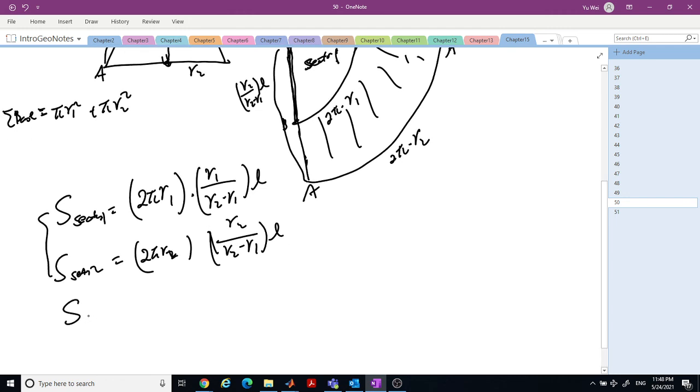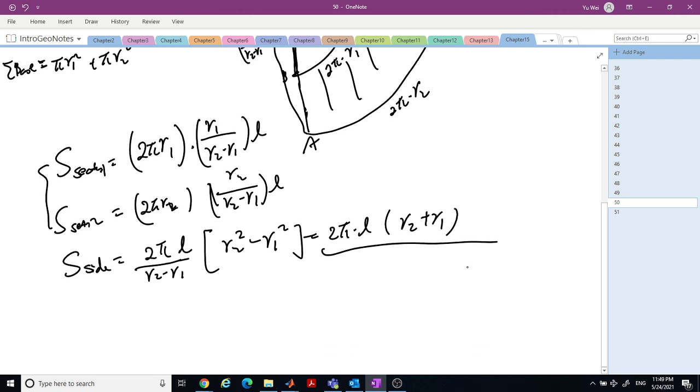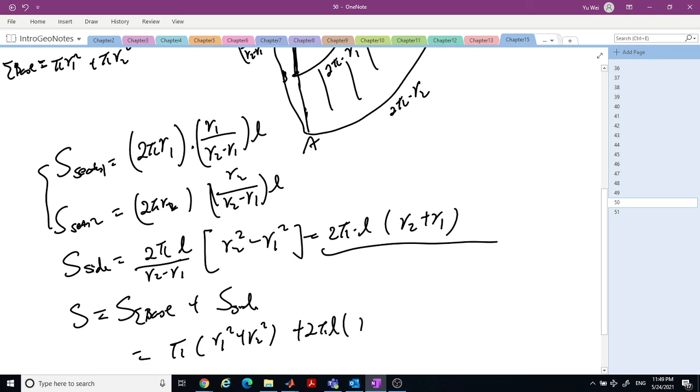So the side surface S is equal to 2 pi L times R2 squared minus R1 squared over R2 minus R1, which is 2 pi L times R2 plus R1. Then the total surface is the base S plus the side S: pi times R1 squared plus R2 squared, plus 2 pi L times R1 plus R2.